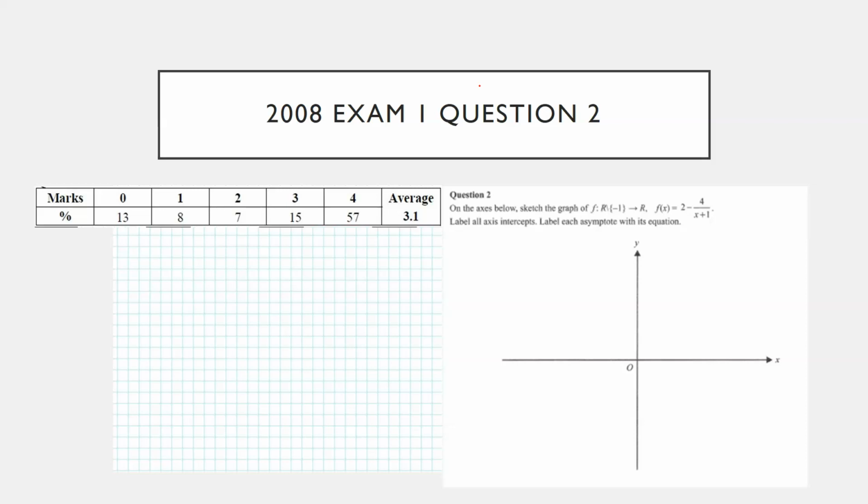Okay, so the first thing to note is the type of graph that we have. So it's a rectangular hyperbola. These graphs have the basic shape that looks a bit like this. However, there is a negative sign in our rule, indicating that it's been reflected.